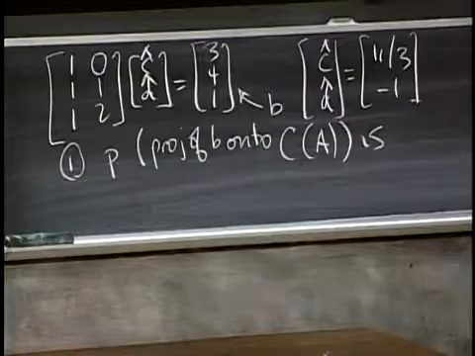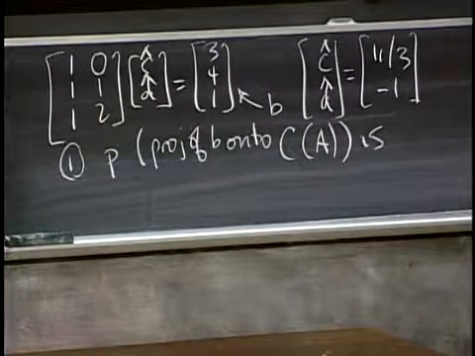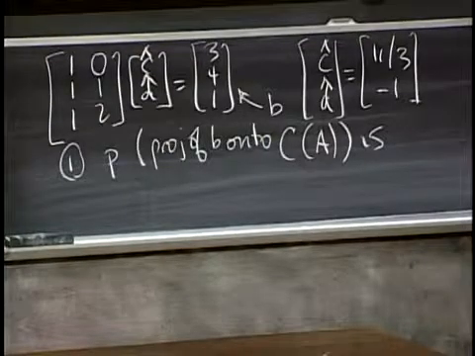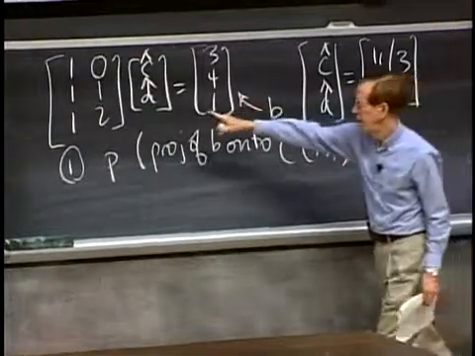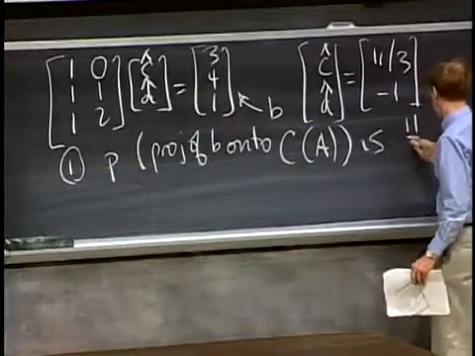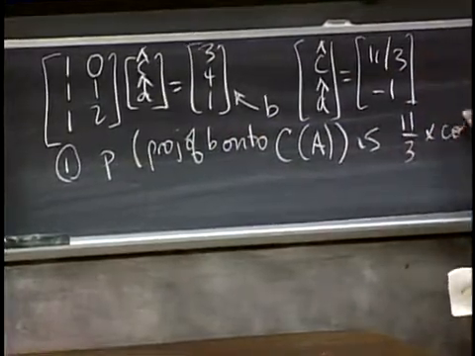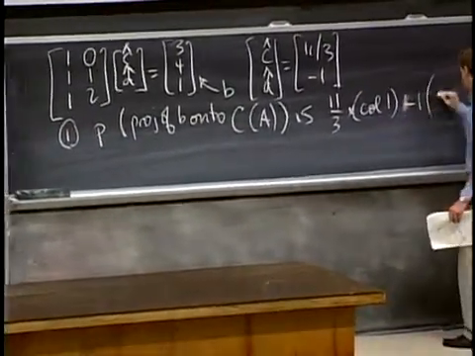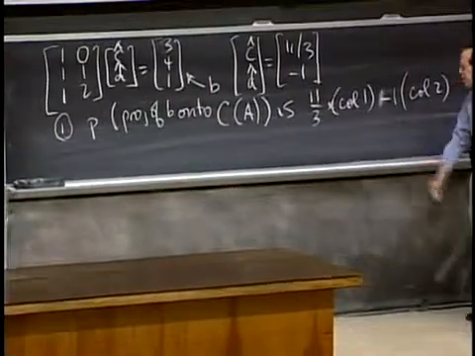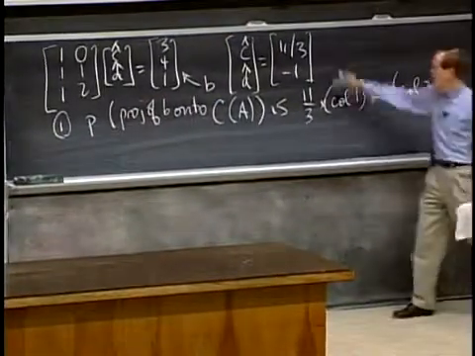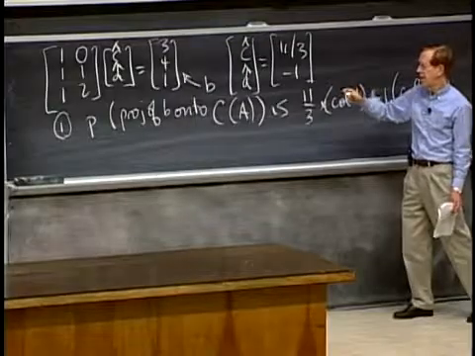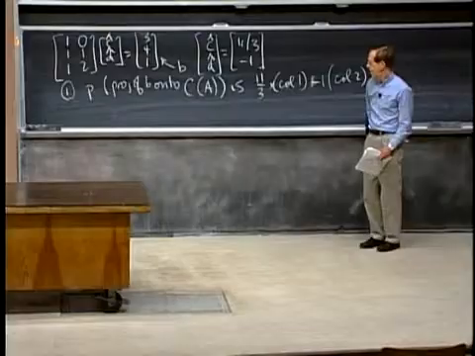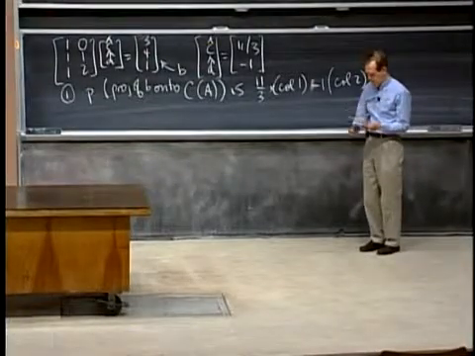Hopefully that's what the least squares problem solved. This was the best solution. It's 11/3 times column 1 plus, or rather minus 1 times column 2. Right? That's what least squares did. It found the combination of the columns that was as close as possible to B. It found the projection. Okay?